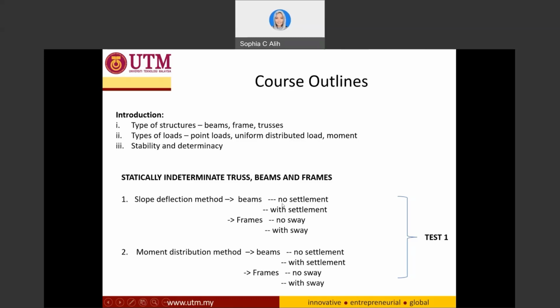You can always refer to that video to review how to prepare the shear force and bending moment diagram.